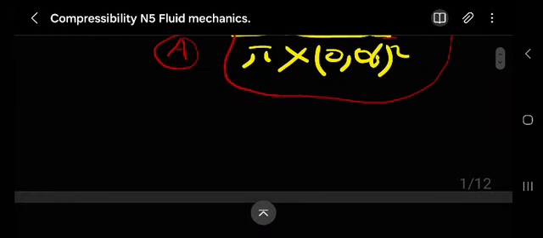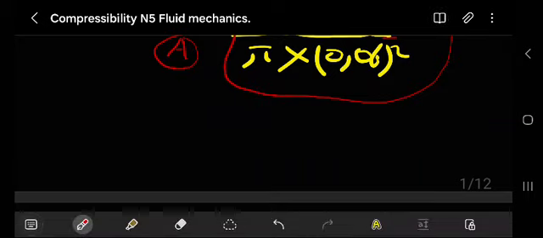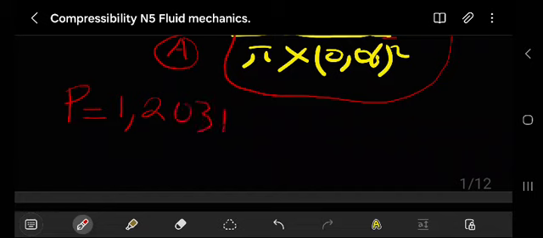We need a pressure, right? The pressure will be 1.203 megapascal.